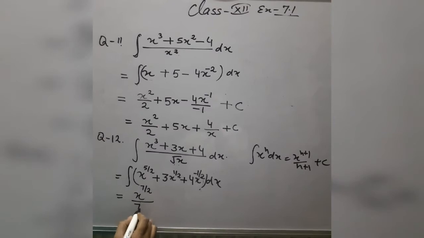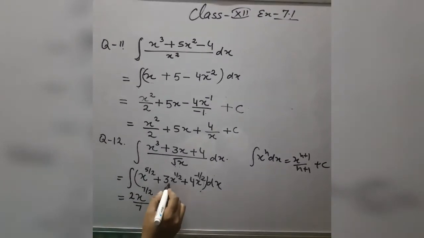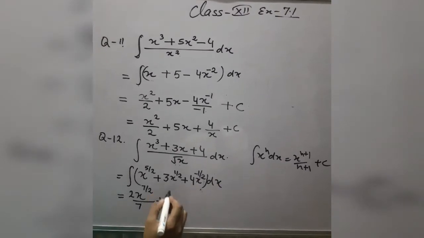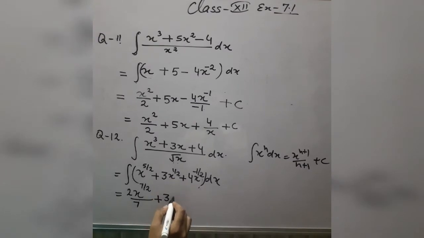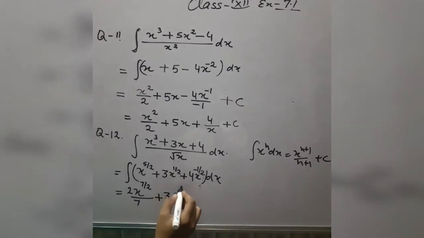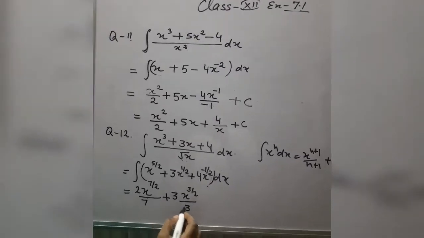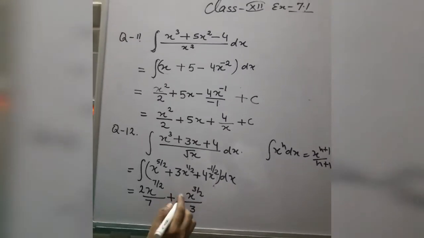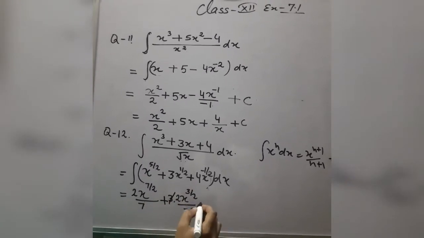Now you divide it by 7 by 2, this 2 is shifted here. In the next step, again using the same formula, 3 is a constant term, it remains as it is. Integration of x raised to power half: half plus 1 becomes 3 by 2, divide it by 3 by 2, this can be written as 3 into 2, and this 3 is cancelled with 3.